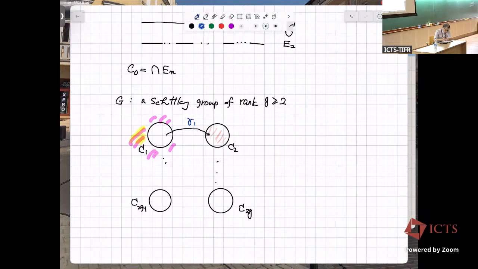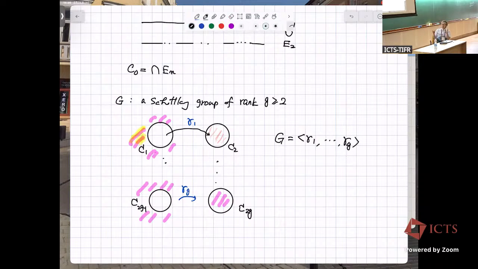Likewise, we take gamma g, which sends the outside of the circle C_{2g-1} into the inside of C_{2g}. The Schottky group G is generated by gamma 1 up to gamma g.